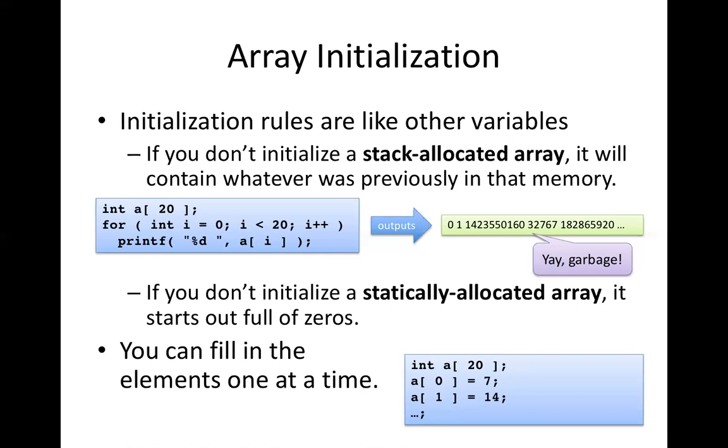If I statically allocated it, if I declare it as global or a static local variable, then it's guaranteed to initialize to zeros if I don't initialize it. And this little fragment of code, when I first wrote this slide, this is what got printed out. And this is showing that this 20 element array of ints, if I don't put anything in it, starts out containing whatever happened to be in that memory before I started to use it.